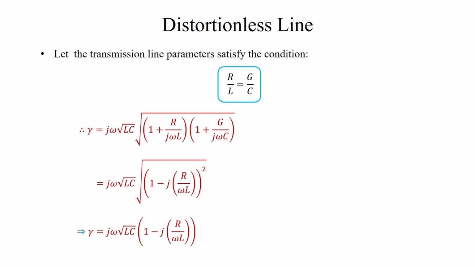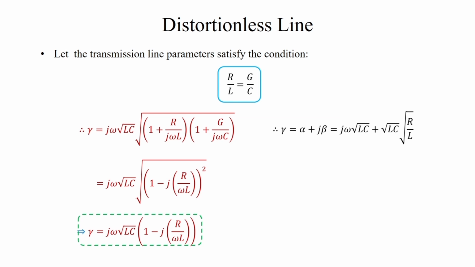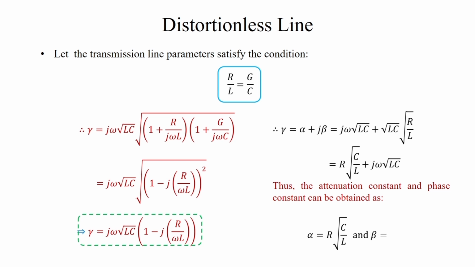So, if we compute the alpha and beta, the real and imaginary part of gamma, we get alpha to be equal to R root C by L and beta equal to omega root L C. So, we find that beta now varies linearly with omega and alpha does not contain any omega term.